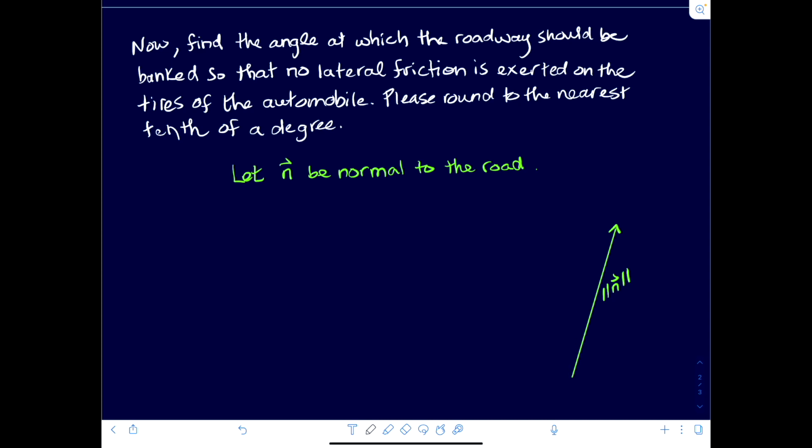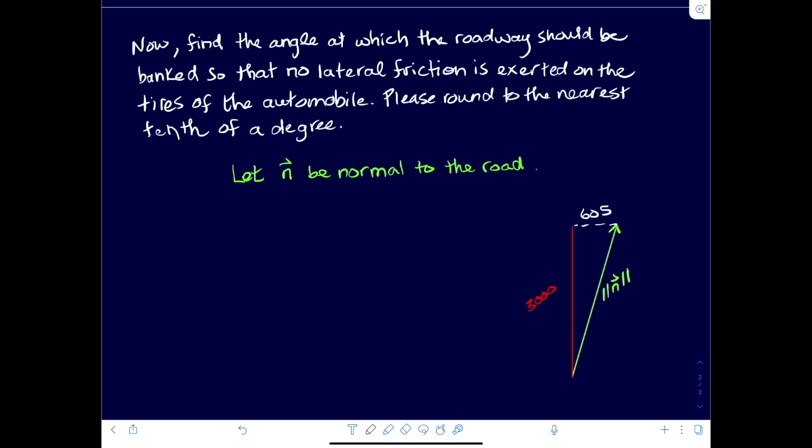I'll put that in the car color, I guess. And the weight of the car was 3,000 pounds. And then our force was 605 pounds, right?